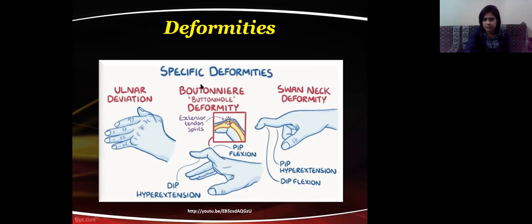And this is the swan neck deformity, in which there is flexion of the distal interphalangeal joint and hyperextension of the proximal interphalangeal joint. So in the long term, if this disease persists, the person may develop deformities like ulnar deviation, Boutonniere deformity, and swan neck deformity.